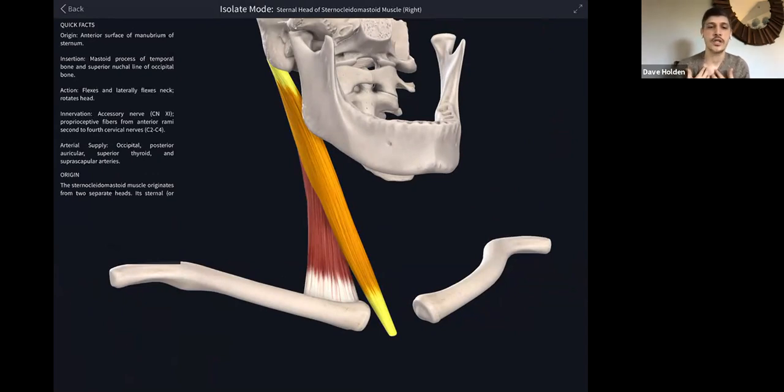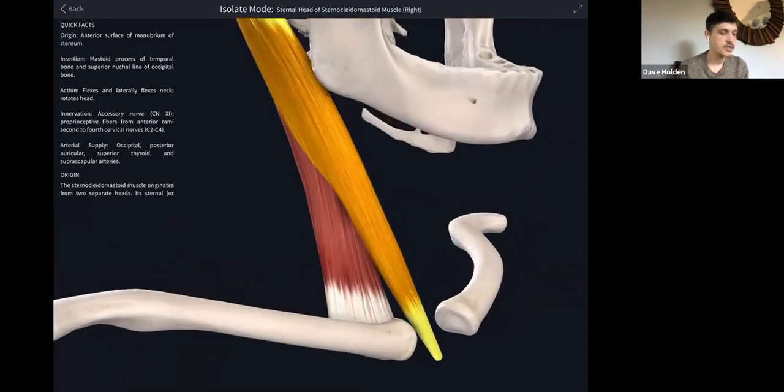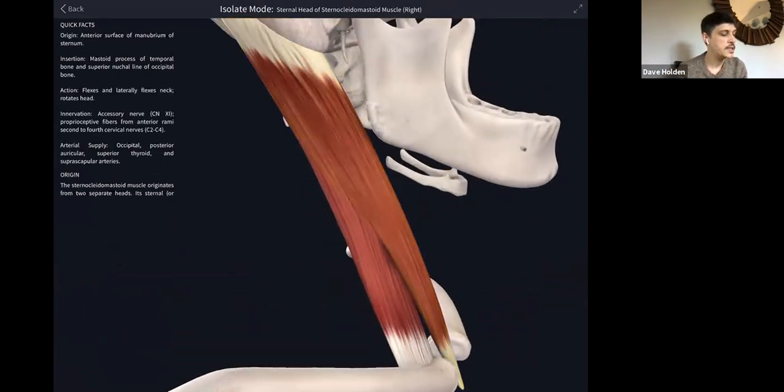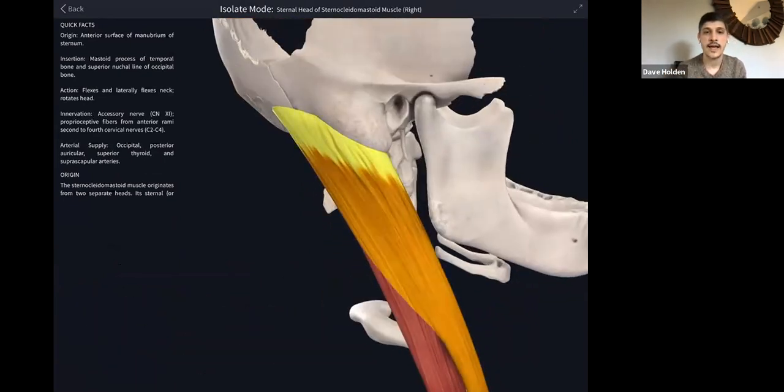So two distinct origins. This muscle has two distinct fibers, which will join together about midway up the neck to become a single muscle inserting at the mastoid process. Hence the muscle's name, sternocleidomastoid. We often simply call this muscle the SCM.